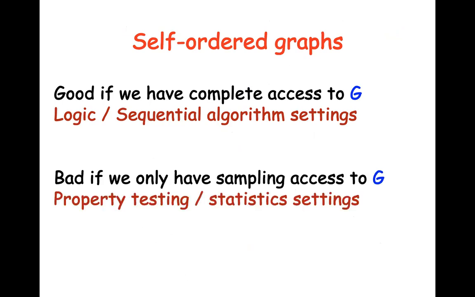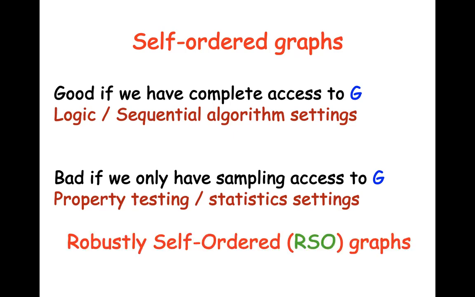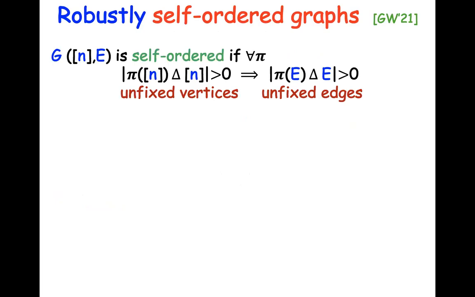But we want to look at situations where you only have sampling access to the graph, like we have in property testing or statistical applications. And for this, we are going to introduce robustly self-ordered graphs as follows. This was done in our previous paper.